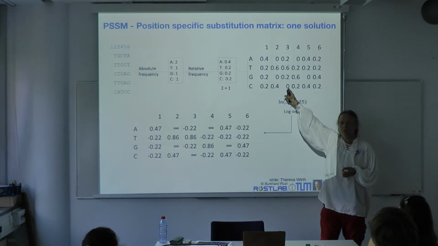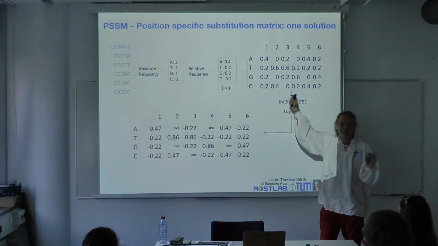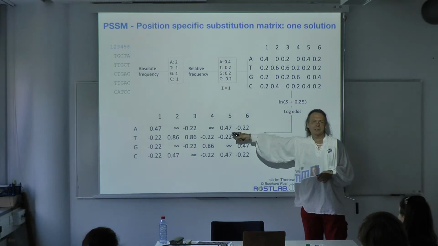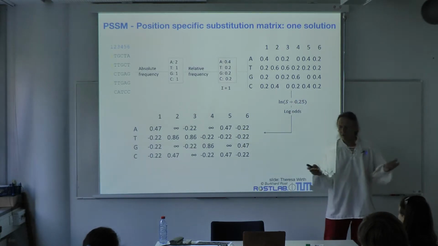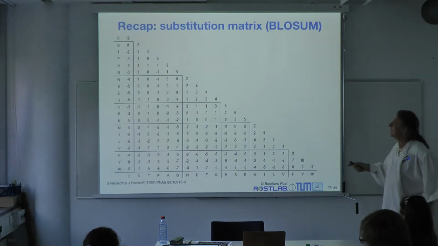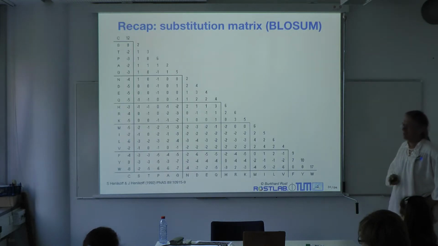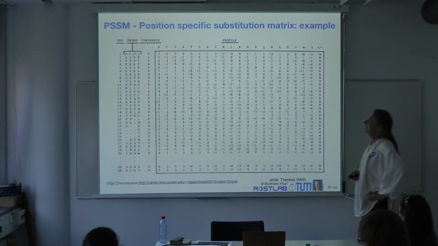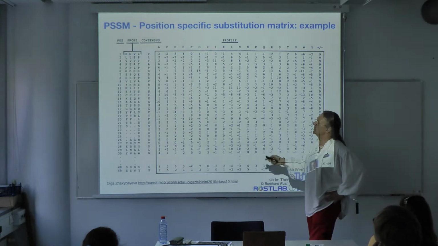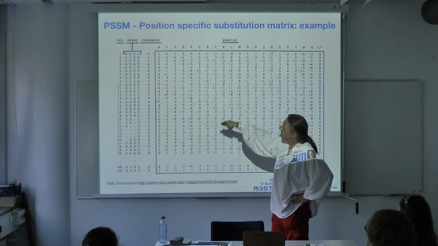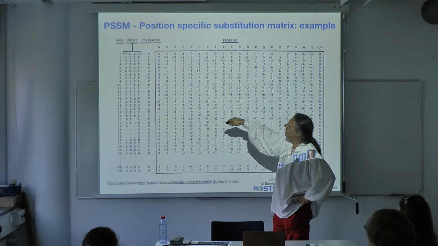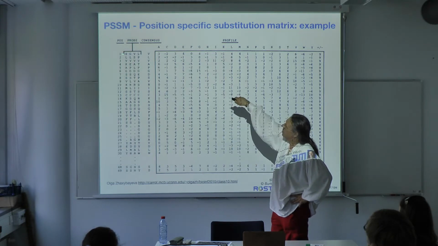We will simply introduce counts that don't exist, small numbers, simply to not turn that into infinity, because then we cannot do math. And that will ultimately give us a matrix that will replace the BLOSUM matrix with a position-specific matrix.